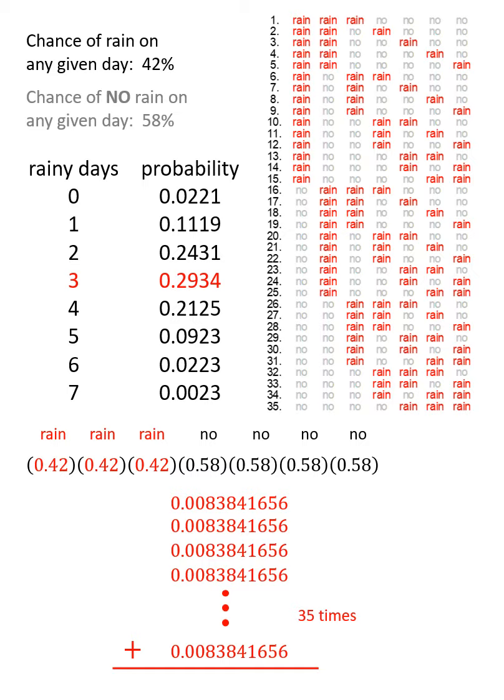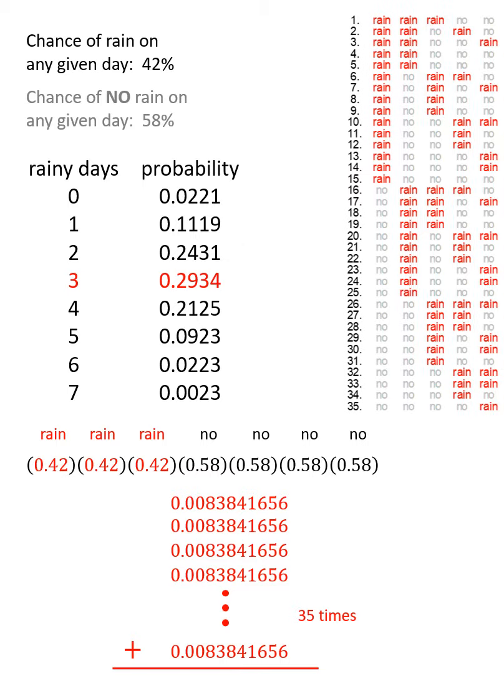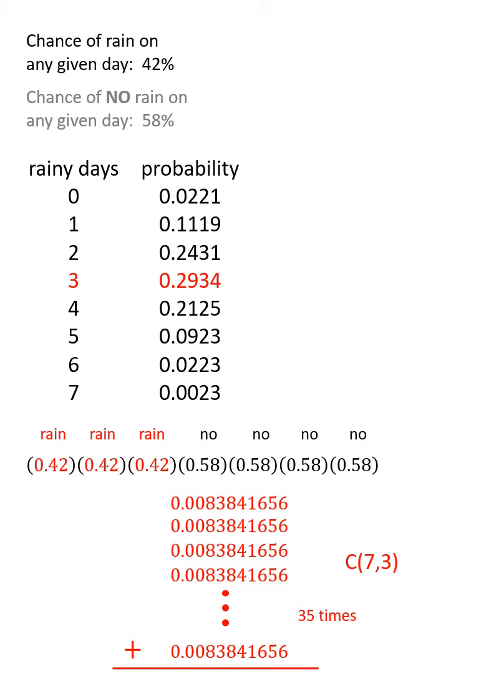So then the interesting question is, how would I have known there were 35 combinations without writing them all out? Shortcut, combinations. If you do 7 combination 3, you'll get 35. And that tells us that there are 35 items on that list without having to make the whole list, which you can imagine how cumbersome that would be.